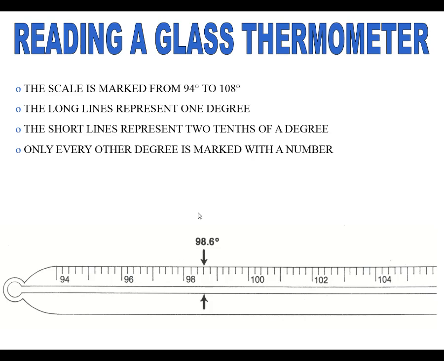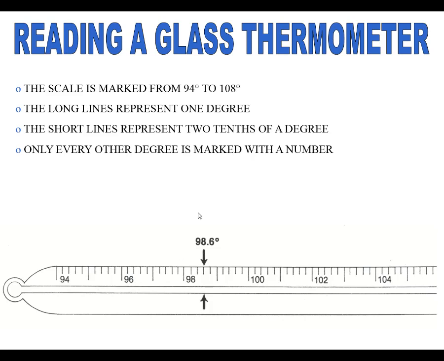And each marking after that is 2/10. So it would be 98.2, 98.4, 98.6, 98.8, and then it would be 99. So generally it's marked in whole number increments, usually even whole number increments are the numbers you'll see, and then each small hash mark past the long hash mark would count as 2/10.